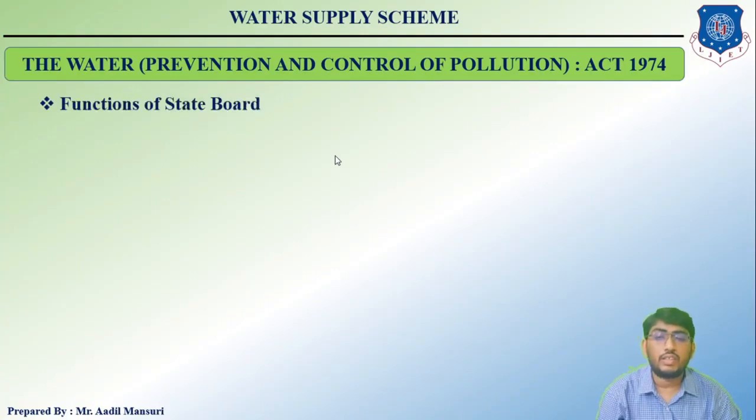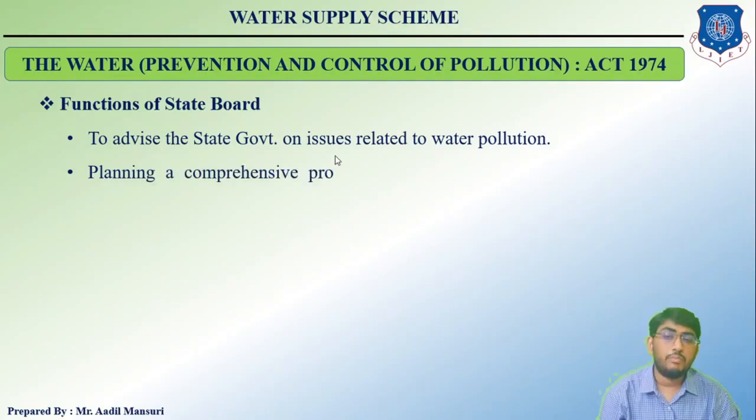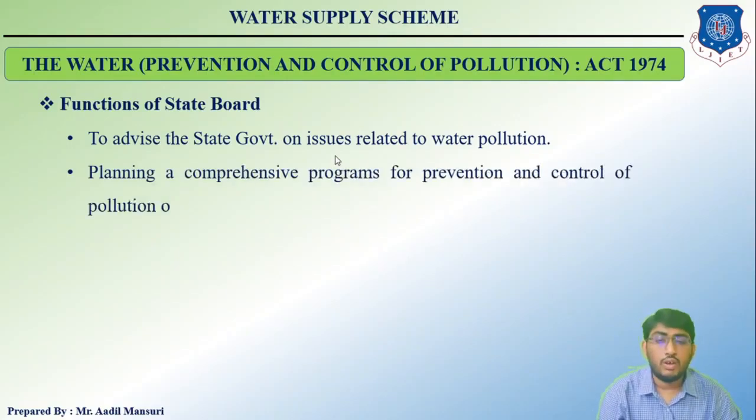Now let's look at the state board. The functions of the state board are to advise the state government on issues related to water pollution. In case of the central board, it was advising the central government, right? Now the state board will advise the state government. Clear? Then planning comprehensive programs for prevention and control of pollution of streams and wells.